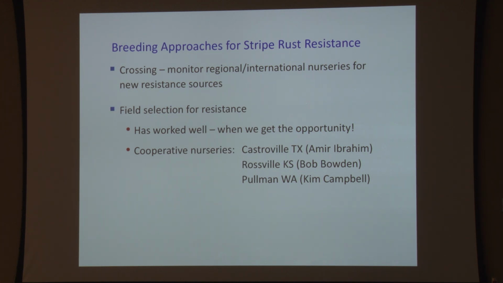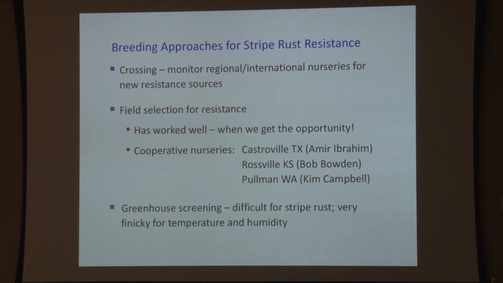So Scott relies heavily on collaborators in different states. There are nurseries in Texas, Kansas, and Washington State, where they reliably get stripe rust infections. So he sends hundreds of lines to these locations every year. The importance of regional collaborations is really important here.